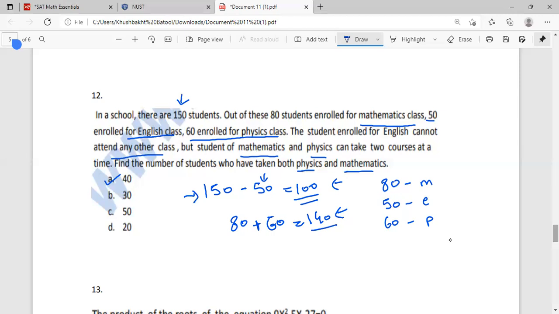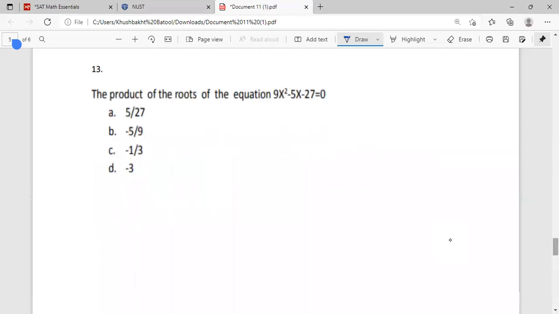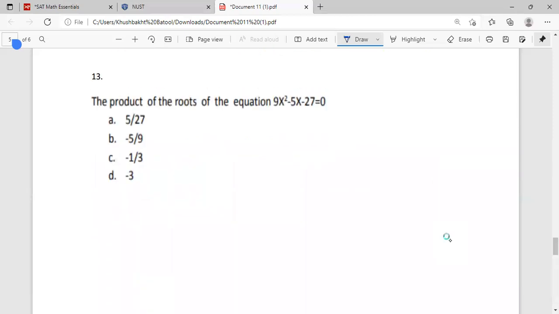Now let's talk about the third question. The product of the roots of the equation. We need to find the roots and multiply them. So for finding roots, we will use the formula. A is 9, B is minus 5, and C is minus 27.